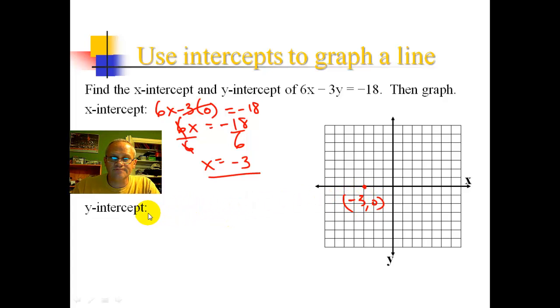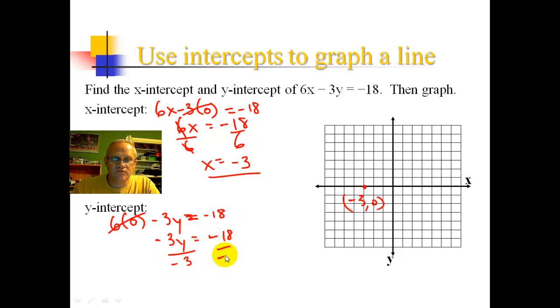How about the y-intercept? All right, on the y, now we know that x will be 0. So we put in 0 for x. Minus 3y equals negative 18. So 0 times 6 goes away. So what I really have is negative 3y equals negative 18.